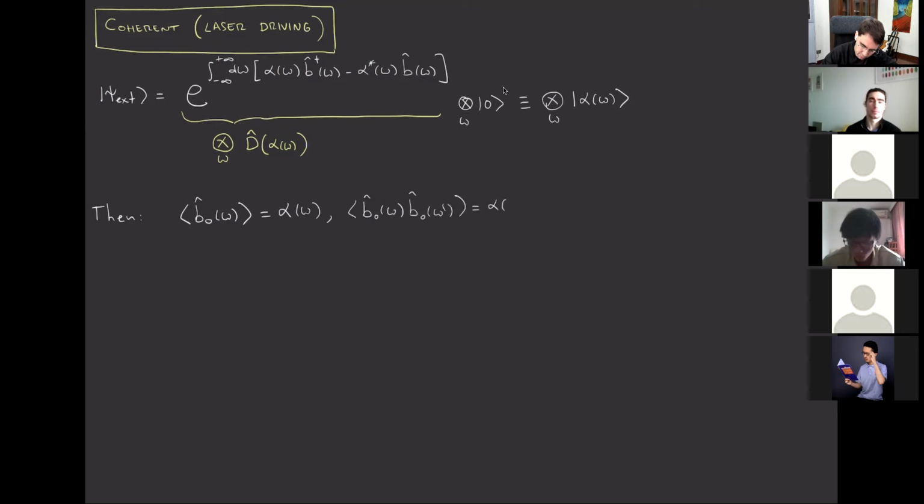This is just alpha omega prime, okay? And finally, I write the one of b0 dagger of omega with b0 of omega prime. And this is alpha conjugate of omega, because now we have b dagger and alpha of omega. Okay? So I hope that this is easy to follow from what you remember from coherent states.